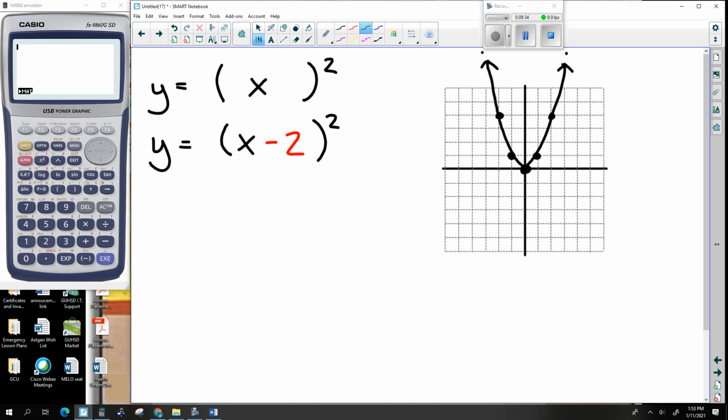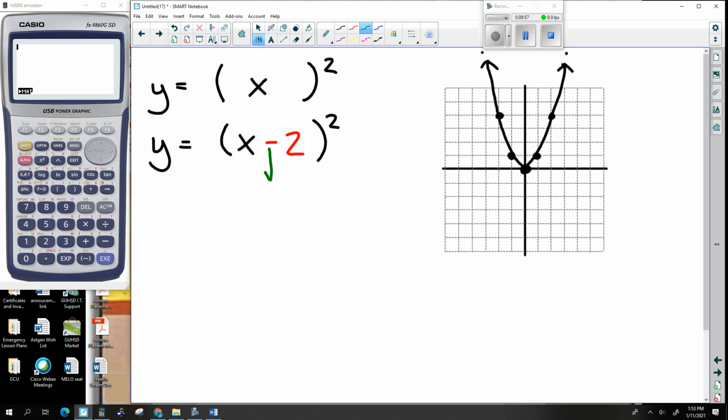So what I notice here is that this minus 2 is inside with the x. So because it's inside with the x, it's an x motion. That means I'm going to move things to the right, or I'm going to move things to the left. Okay? And if it's in with it, you do the opposite of what you would think.